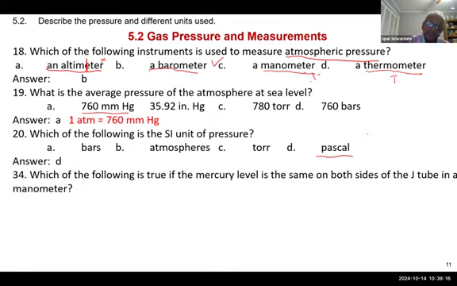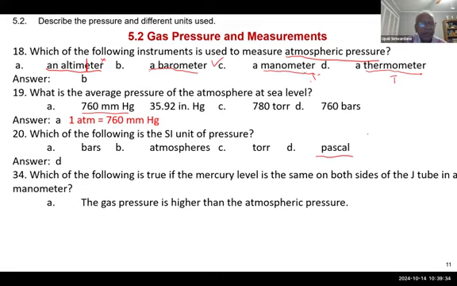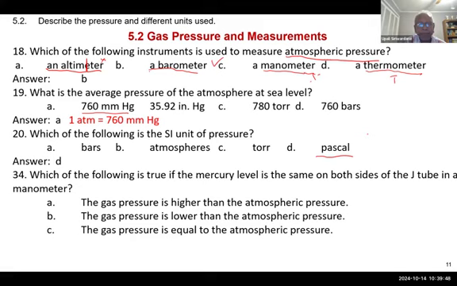Which of the following is true if the mercury level is the same on both sides? A J tube is the one that we saw, the mercury J tube to measure the gaseous sample in the previous slide. Both sides being the same means the pressure of the sample is equal to atmospheric pressure.